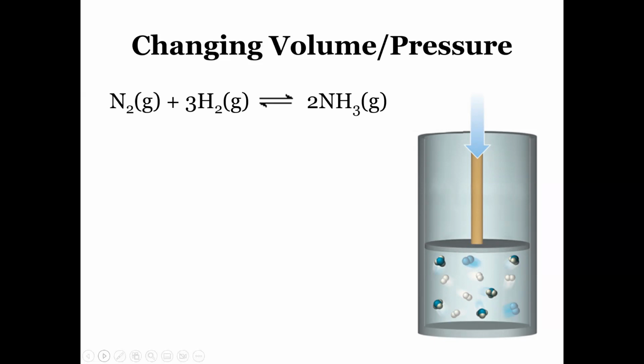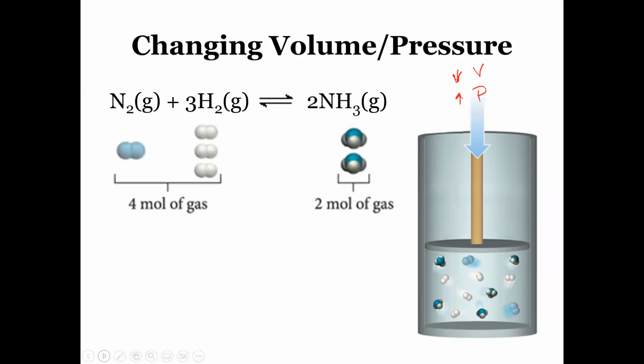So here it's saying that we are pushing down on the piston, which means that we are decreasing volume, which increases pressure. We are forcing those particles closer together. So if you look at what we have here, we have 1 nitrogen, 3 hydrogen producing 2 ammonia.